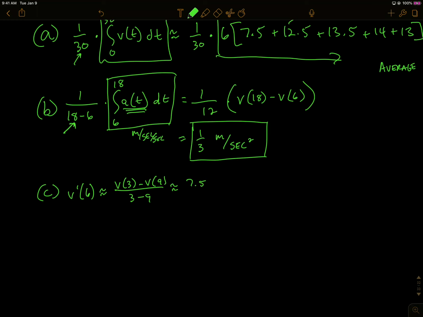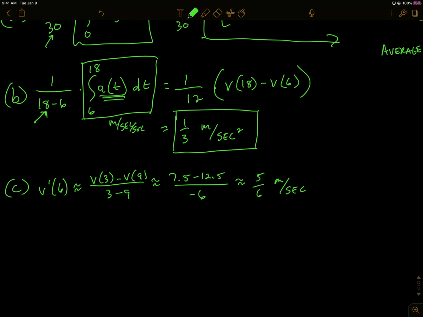That's 7.5 minus 12.5 all over negative 6. That works out to be 5/6, and that's going to be meters per second per second. That is v prime of 6, the derivative of velocity. Remember that velocity here is measured in meters per second in the numerator, and then we're dividing by change in seconds in the denominator.